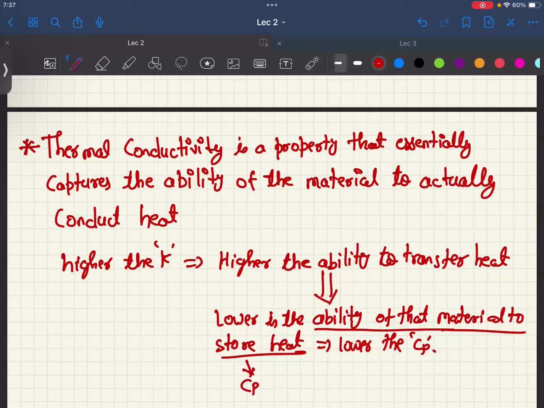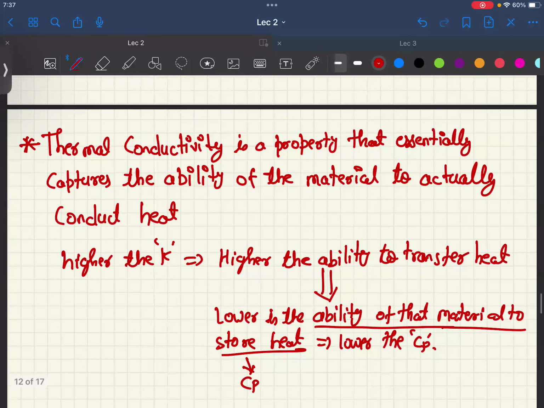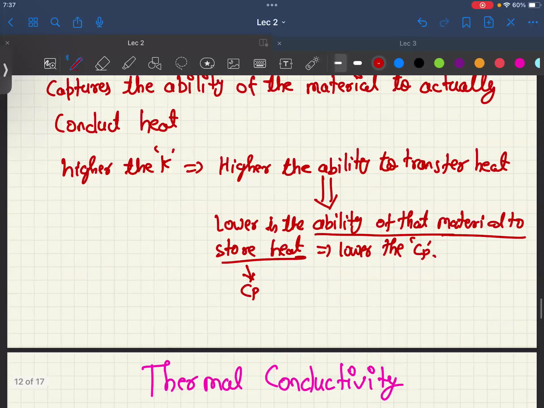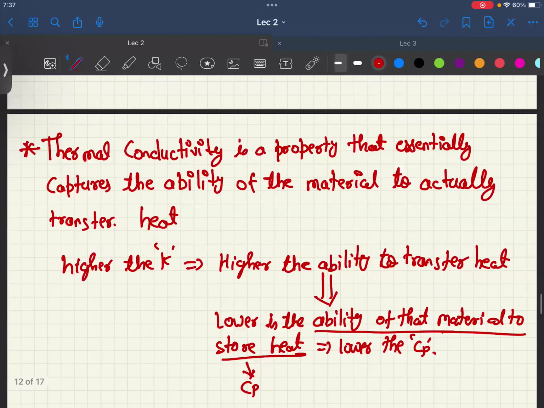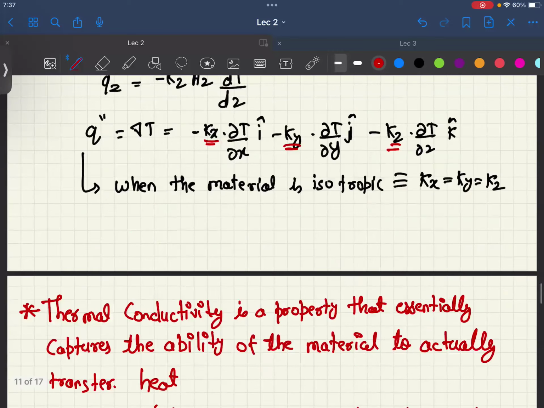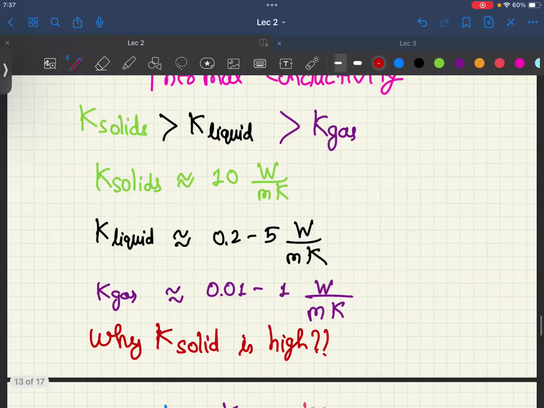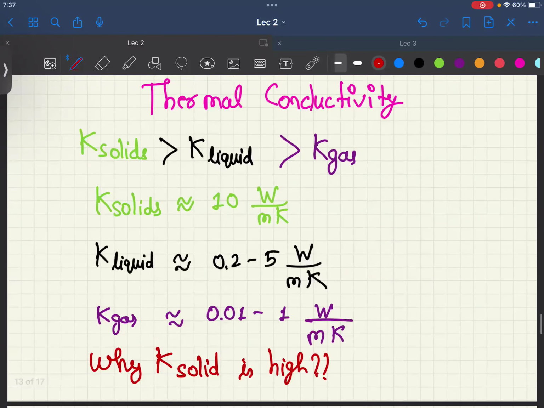So one may ask the question as to why there is a difference in thermal conductivities. Oh, sorry, thermal conductivity. We said that thermal conductivity is the ability of a material to conduct heat or transfer heat. So thermal conductivity of solid is generally higher than that of liquid, which is again higher than that of gas.